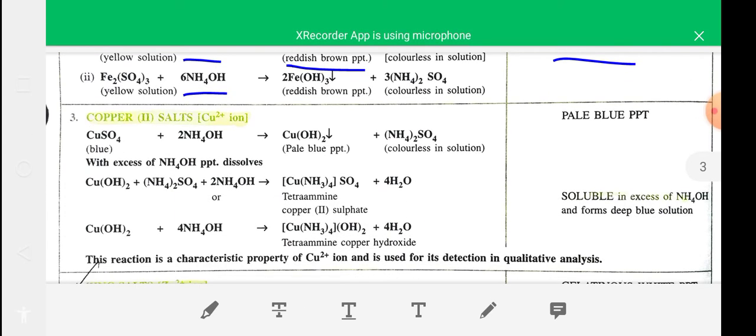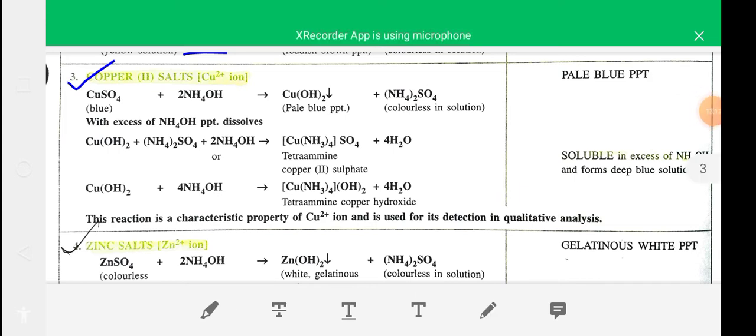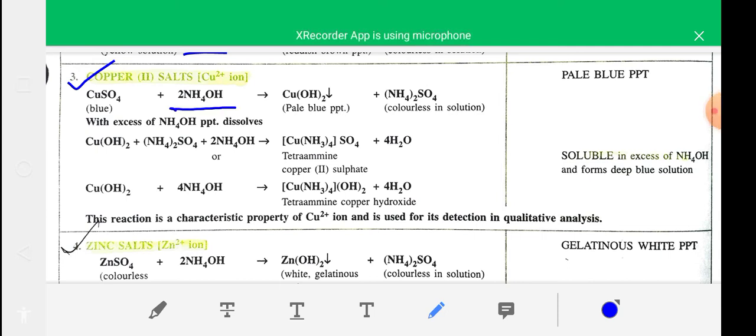Now see the action of ammonium hydroxide on copper 2 salt. So when a copper 2 salt like blue copper sulfate is treated with ammonium hydroxide, you will get a pale blue precipitate and ammonium sulfate.